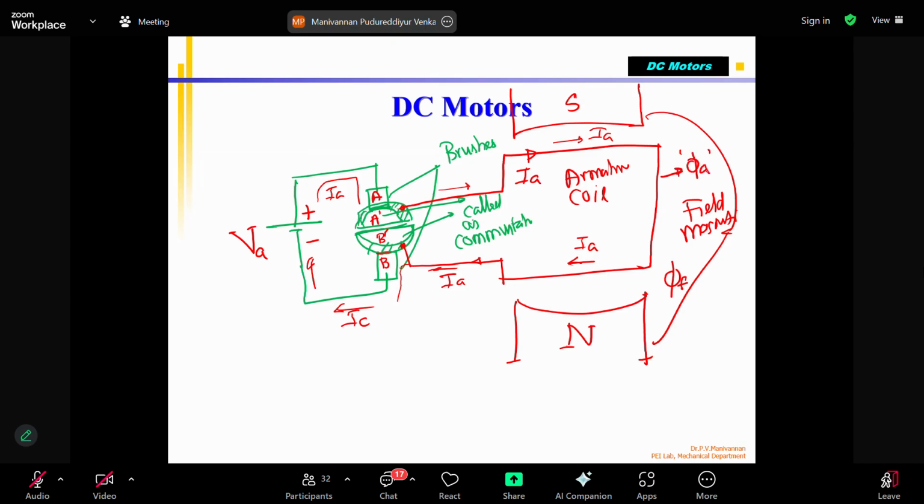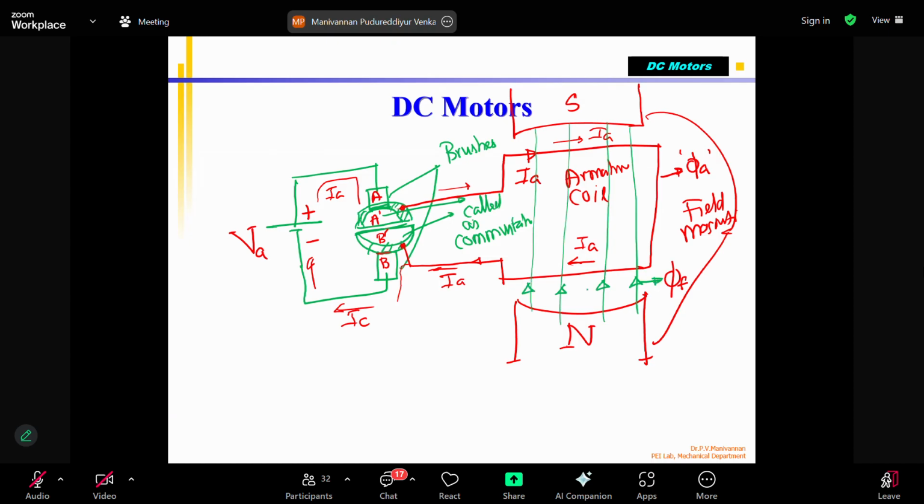That is the armature magnetic field. Yesterday I also talked to you about the field magnet: magnetic flux moves from the north to the south pole like this. This is phi F, correct?